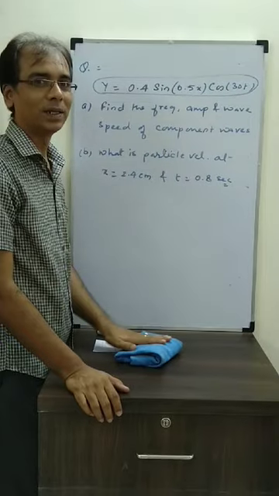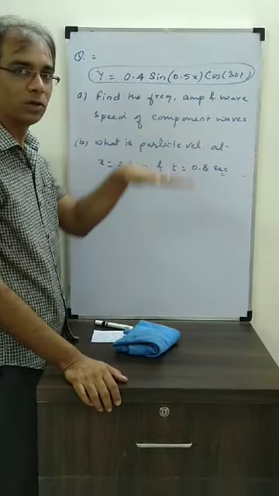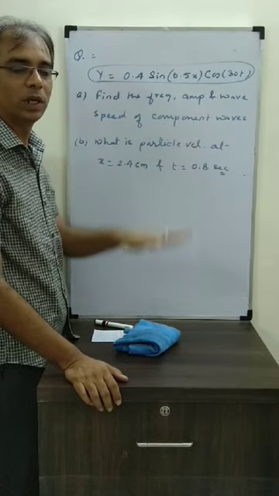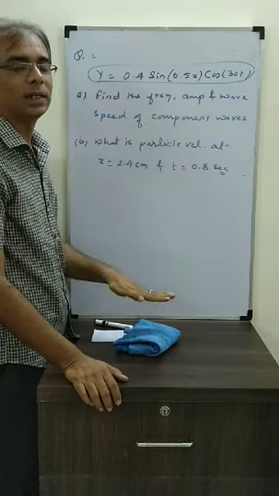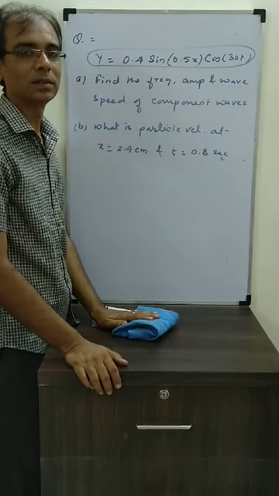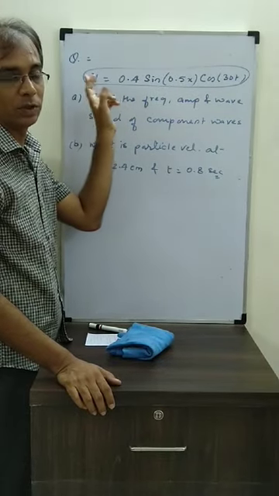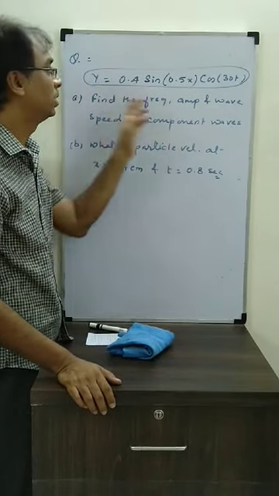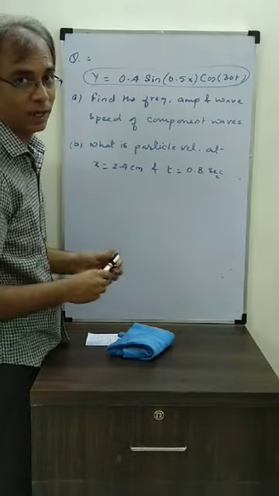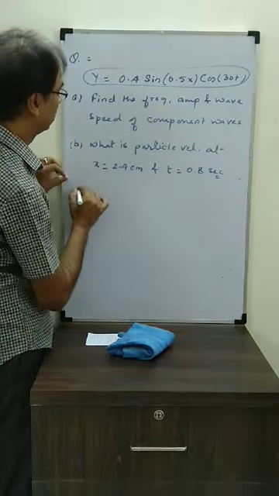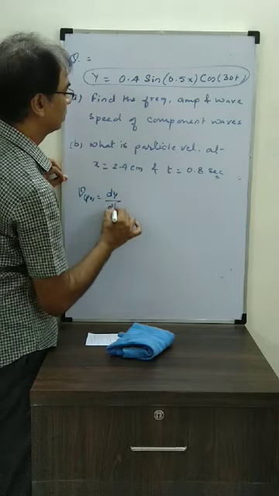In a standing wave, for transverse waves, the particle goes up and down. So is the motion of the particle along the y-axis or x-axis? The answer is y. So when we talk about the velocity of the particle, it has to be dy by dt. We are going to differentiate that to get the velocity of the particle.